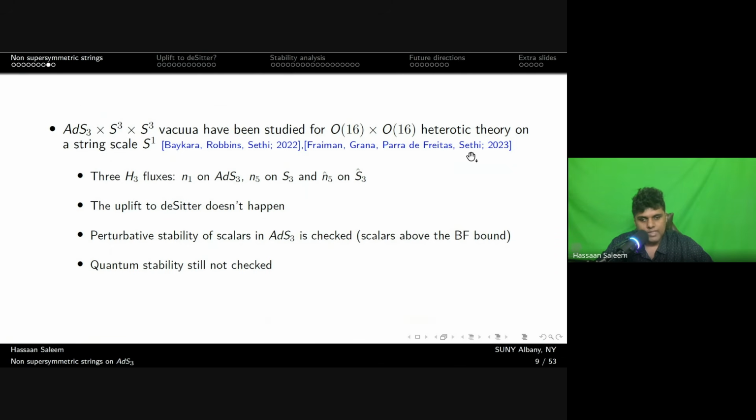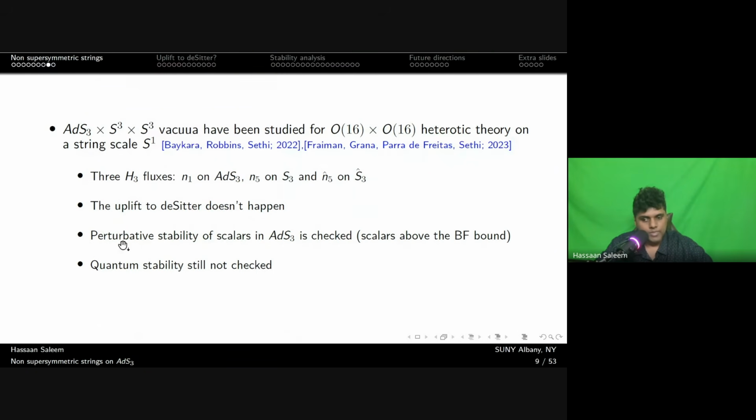And this background was also studied in this paper in more detail. Now, in this background, they had an H flux on AdS3, which is called N1, an H flux on S3, which is called N5, and another H flux on the other S3, which is called N5 hat. Now, in that paper, they saw if de Sitter uplift happens, and it turns out that it doesn't happen.